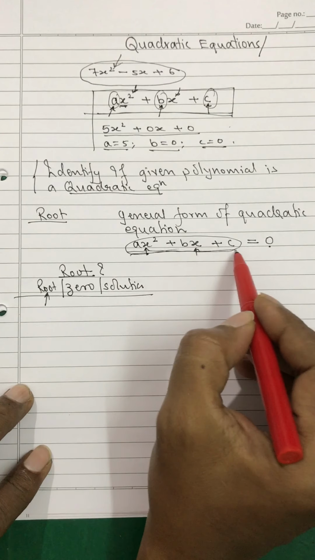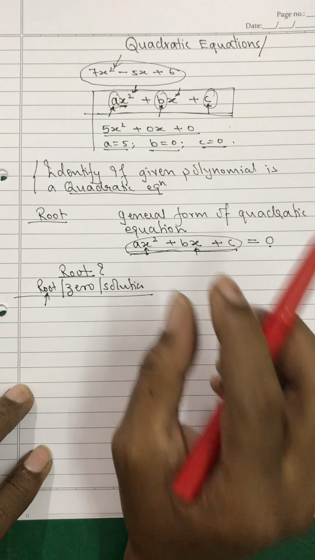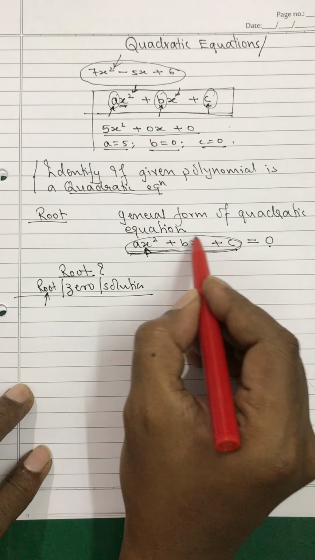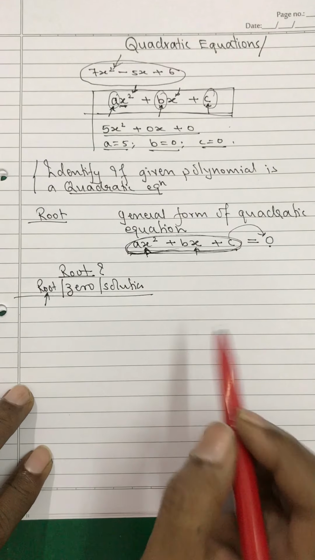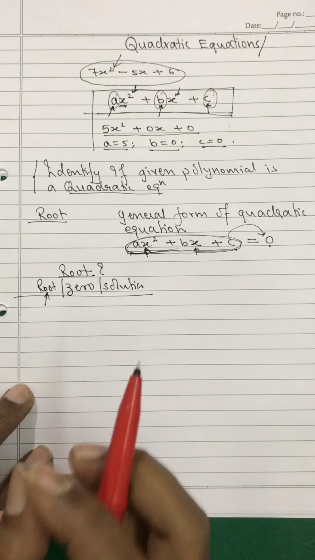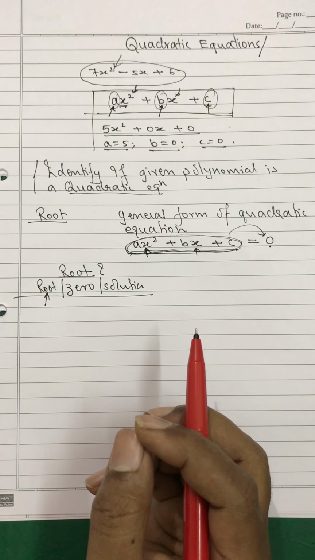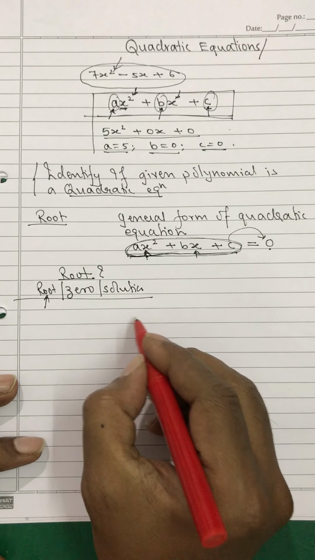The root of the quadratic equation is that value of the variable which, when you substitute in place of the variable, turns the whole quadratic equation into 0. That value of the variable that we substitute is called the root. Remember, you will have questions where you have to find the roots.